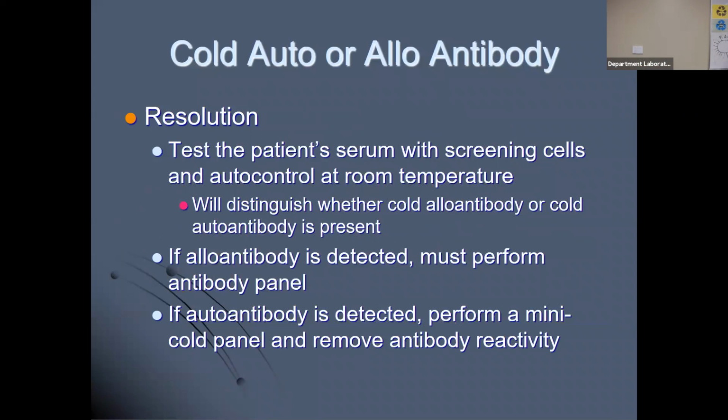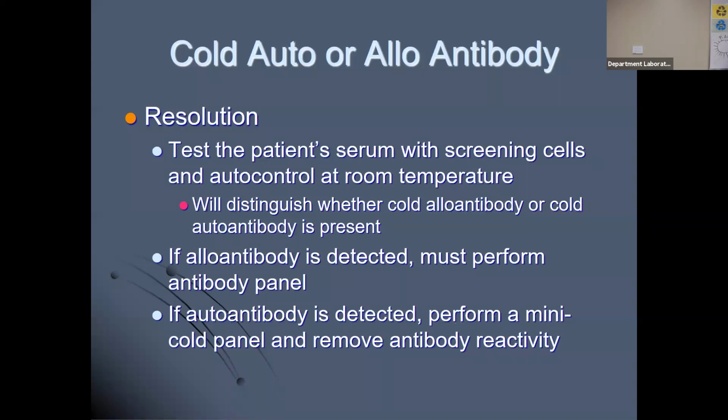That's your IAT. And that will let us know what antibody is reacting in the patient cells. One way you could resolve that, once you identify the antibody, you could also find B cells that are antigen negative for whatever the patient's antibody is. Right? And that would resolve that discrepancy.